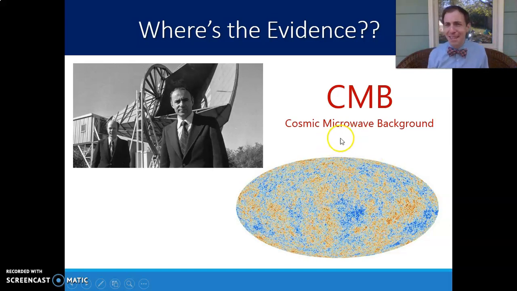Basically, if you look up at the night sky, when you look at farther and farther stars, it's essentially like you're looking back in time, because the farther stars are away from you, the longer it takes light to get there. And there are stars that are actually billions of light years away.